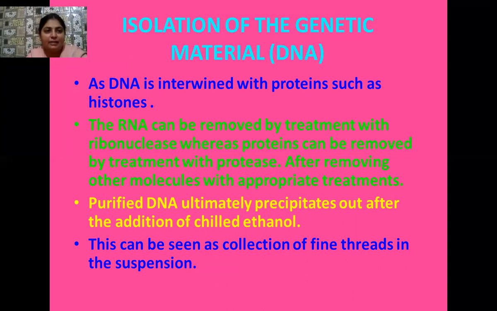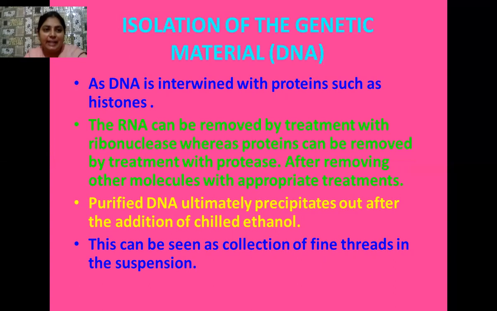So in this way, when you leave the beaker for 15 to 20 minutes, what happens? Fine threads of the DNA come up and float over the surface, and very soon these fine threads form a network of threads. And by using a small capillary tube, you can isolate this purified DNA.